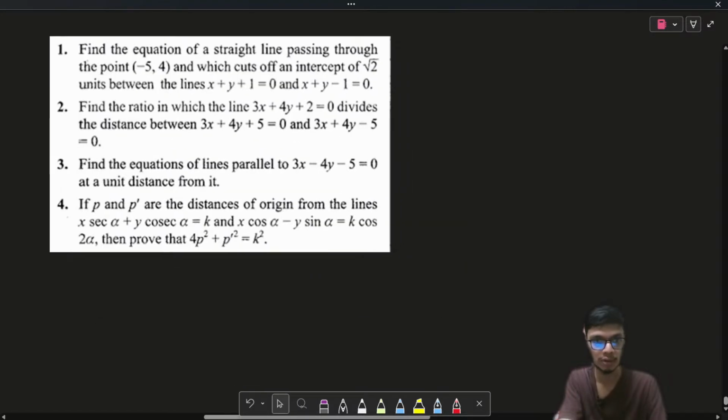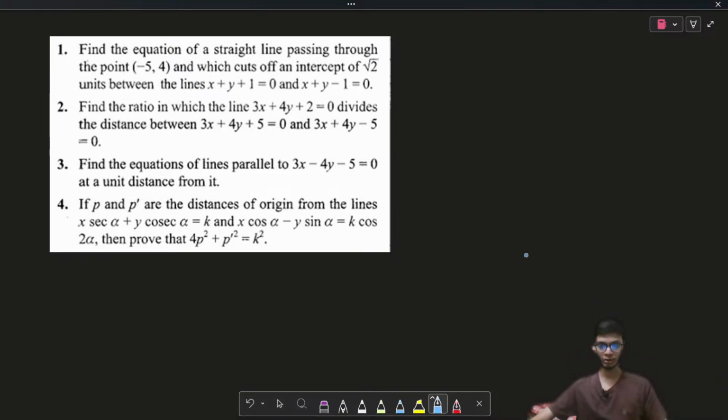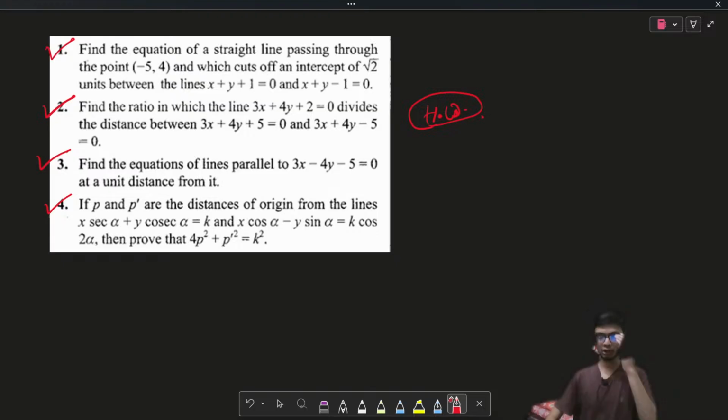So please try to solve these problems as homework, along with the previous problems. Do let me know if you're having any issues in solving any of the problems. These are the following 4 problems which are definitely going to help you understand this particular topic in a much deeper way. Okay, so I presume this topic is clear to all of you.